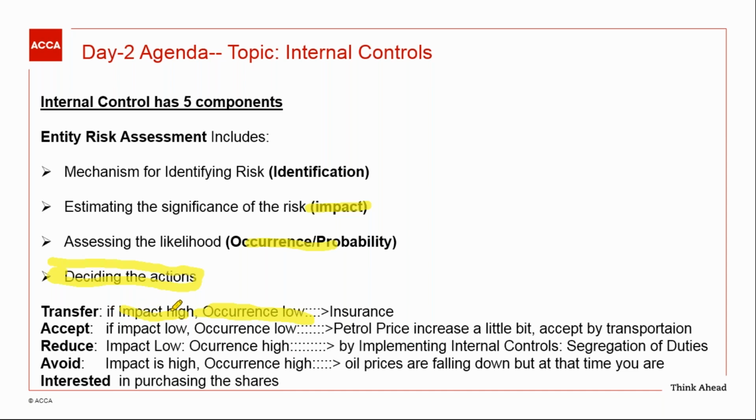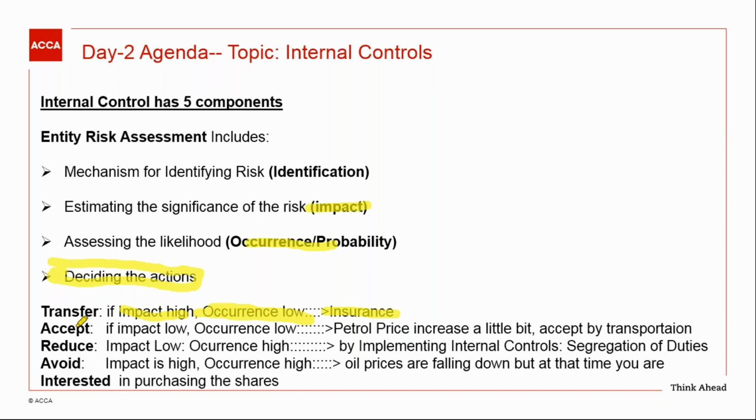So to transfer that risk, what we do, we make the insurance of that building. So that's the strategy where the event has a high impact, but the occurrence is very low. We transfer the risk to another company, like the insurance company.